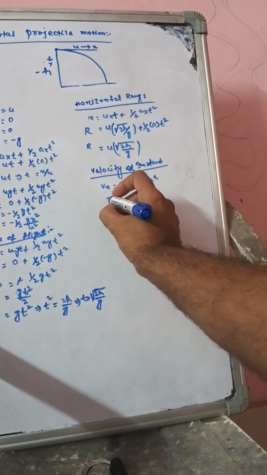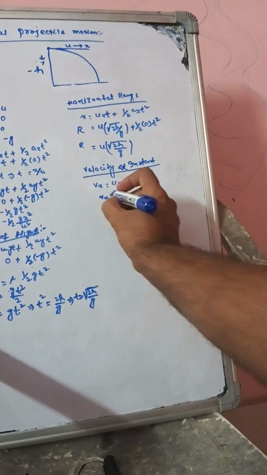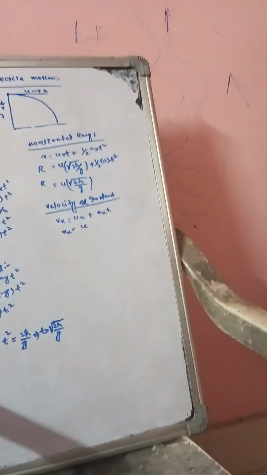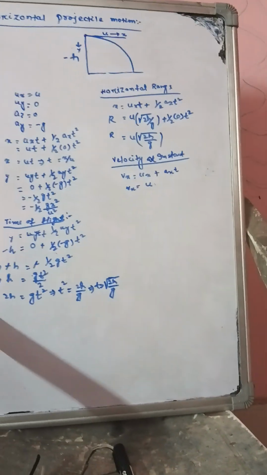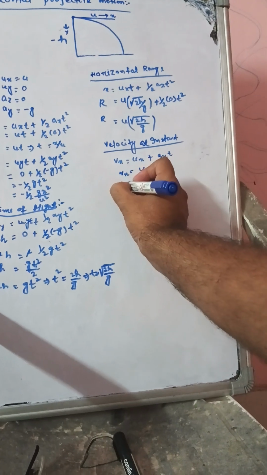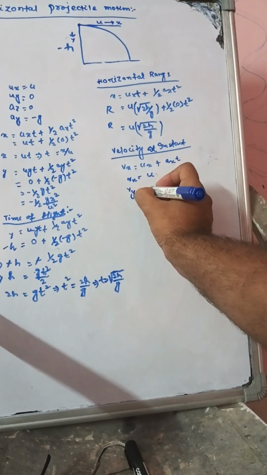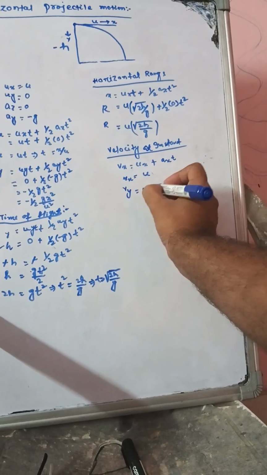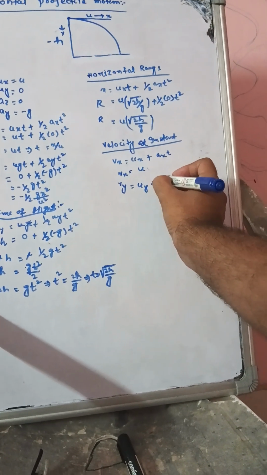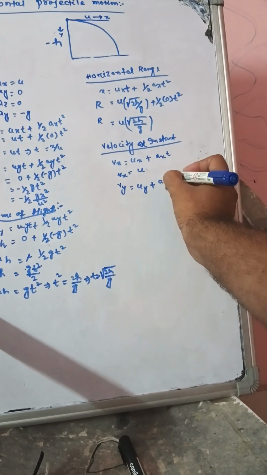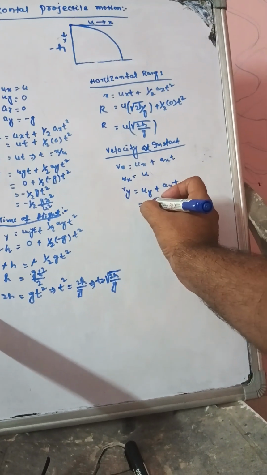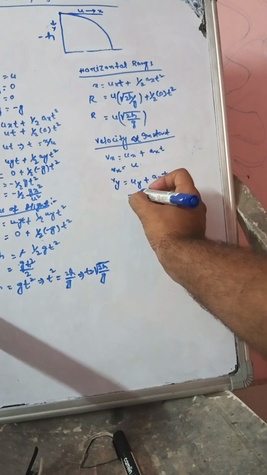Then vx is equal to ux, which is u. And vy is equal to uy plus ayt. uy is 0.